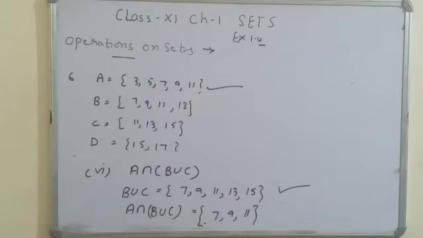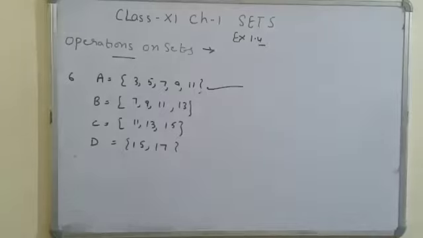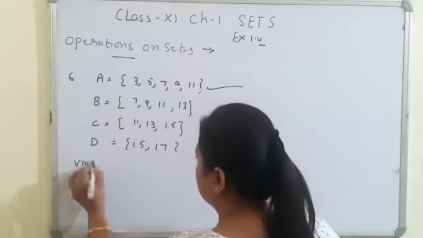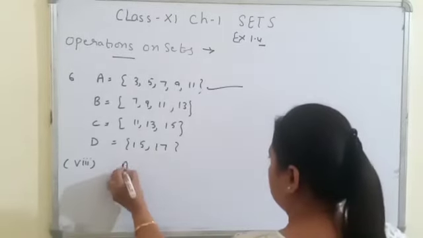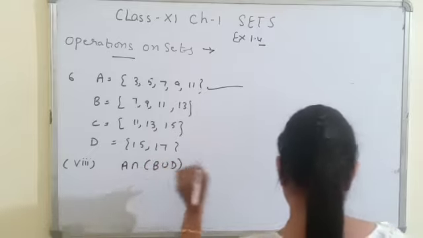Let's do one more part of this question. Let's try to solve the 8th part. The statement for part 8 is A intersection (B union D).